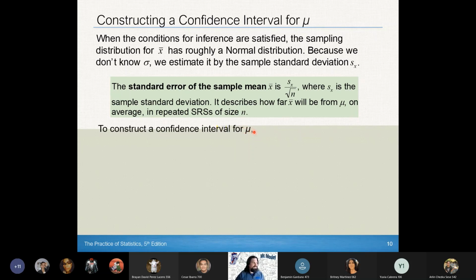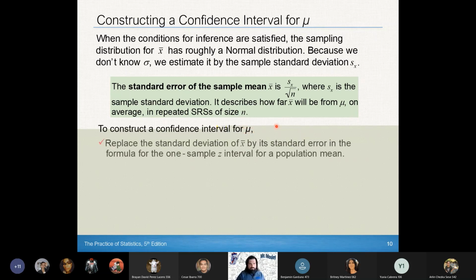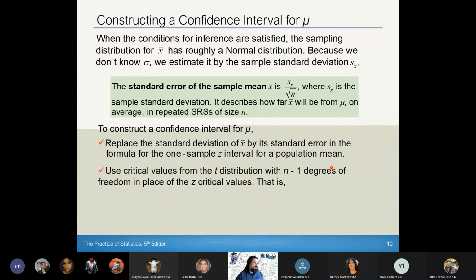To construct a confidence interval for mu, we replace the standard deviation of X bar by its standard error in the formula for the one sample Z interval for population mean. Use the critical values from the t distribution with n minus 1 degrees of freedom in place of the z critical values.